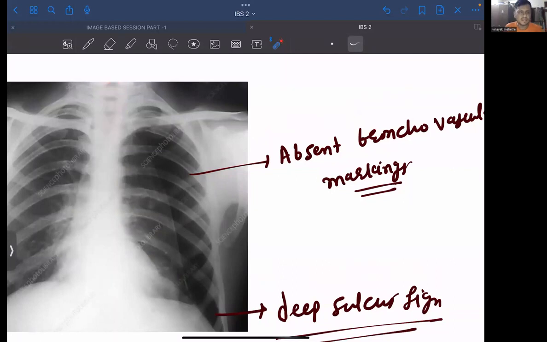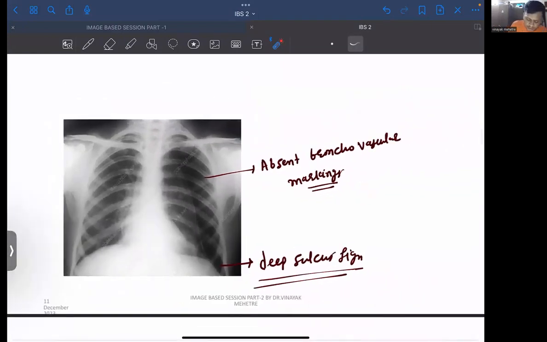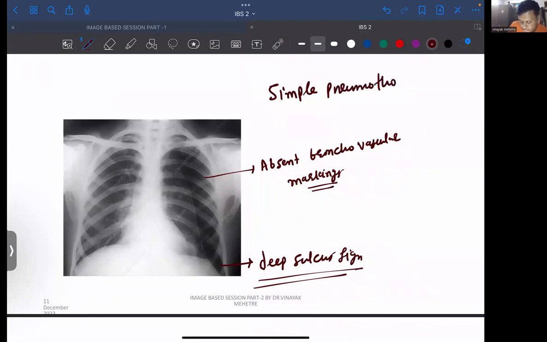Okay, so there is no mediastinal organ shift. So this is not tension pneumothorax. This is simple pneumothorax, right?